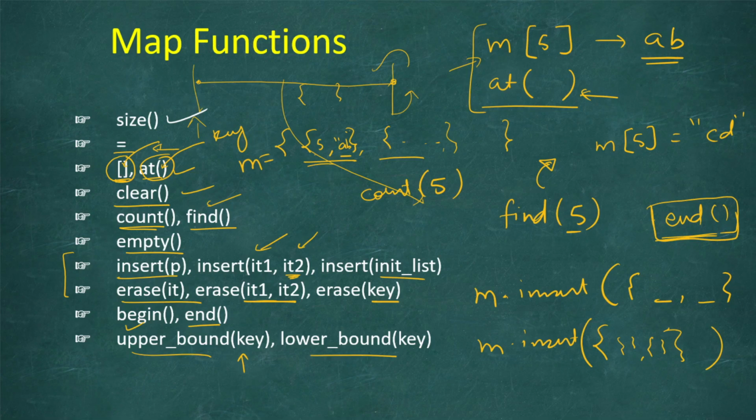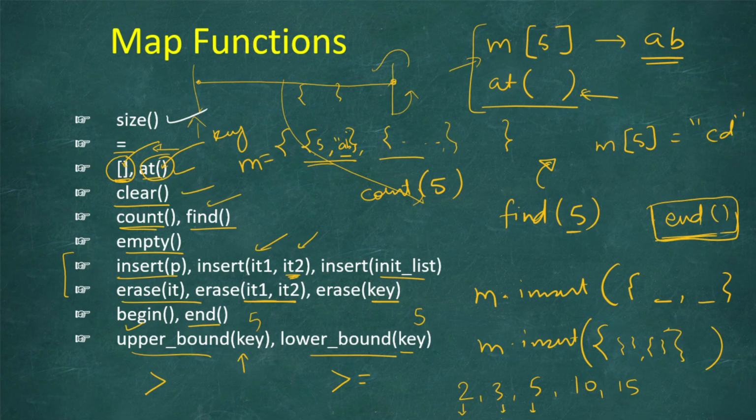So upper bound is more than, lower bound is more than or equal to. So let's say this key is present, let's say this value is 5, and we have 2, 3, 5, 10, 15. I'm just writing the keys. There is a value associated with each of them.